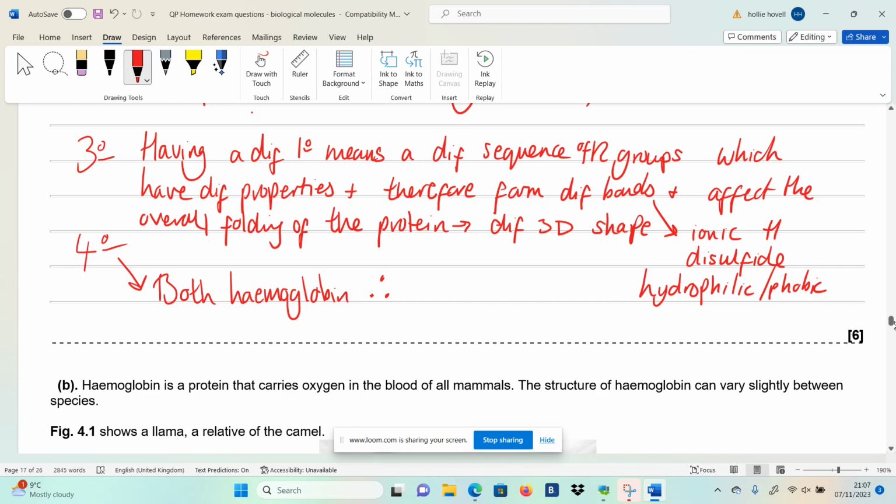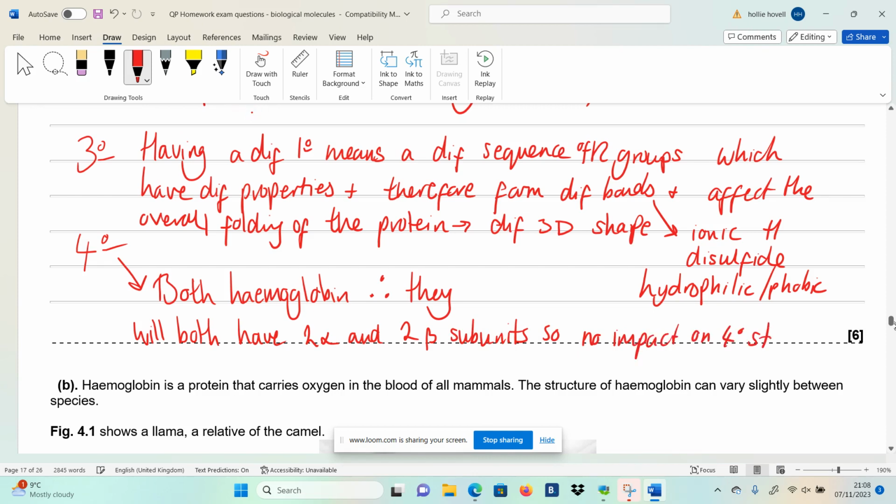So both hemoglobin, therefore they will both have 2 alpha and 2 beta subunits. So no impact on the quaternary structure. The quaternary structure means if it's got more than one polypeptide, and hemoglobin's always going to have 4 polypeptides, 2 alpha, 2 beta, so it's not going to affect that.